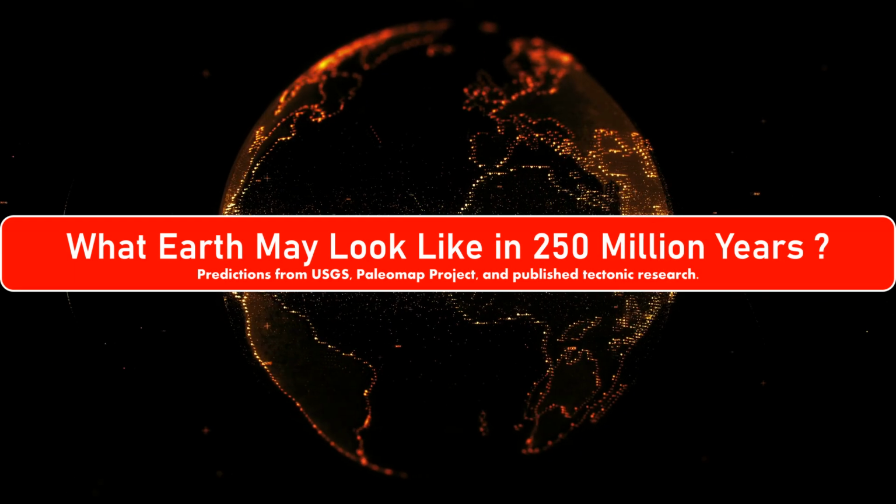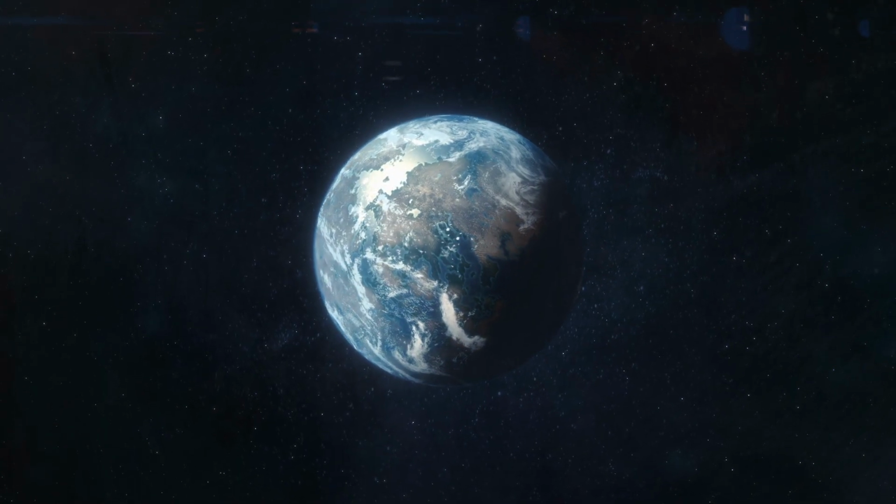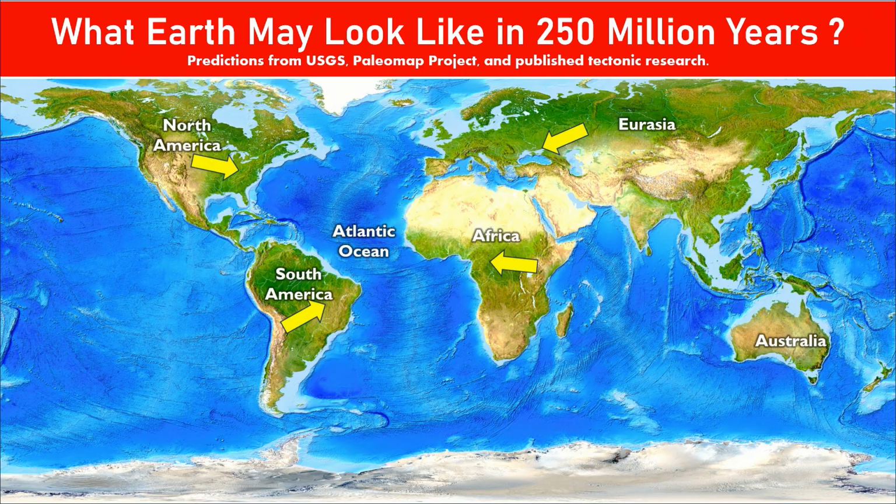In about 250 million years, geoscientists predict the possible formation of the next supercontinent. This future landmass could form through a reunion of the Americas with Eurasia and Africa, and the Atlantic Ocean might eventually close, while Australia may collide with Southeast Asia.